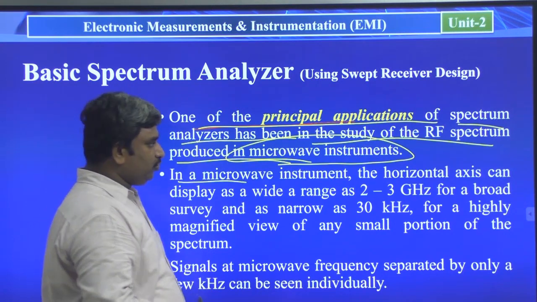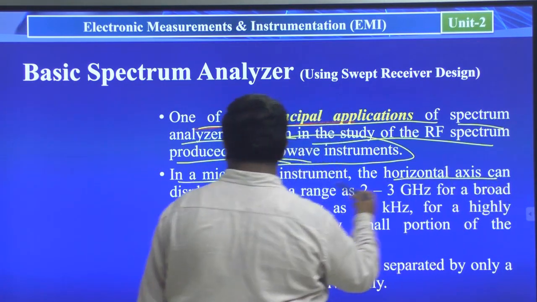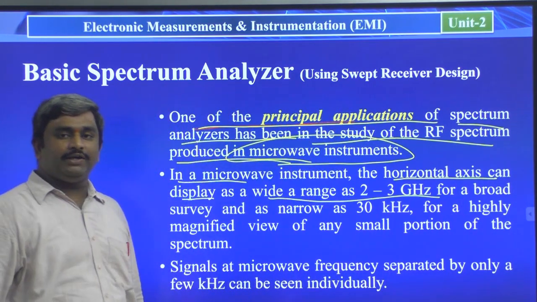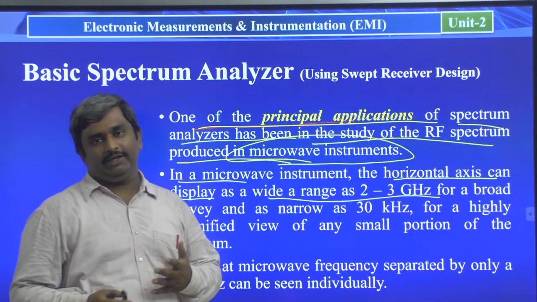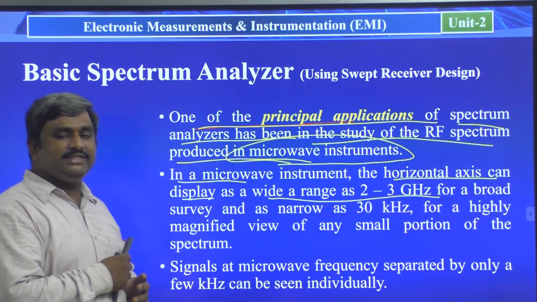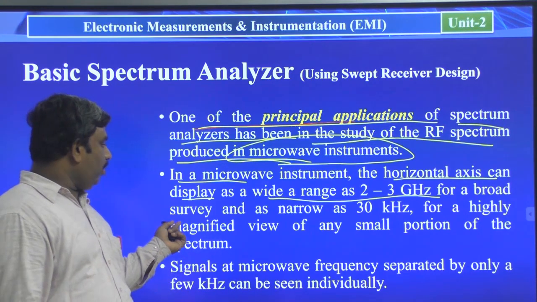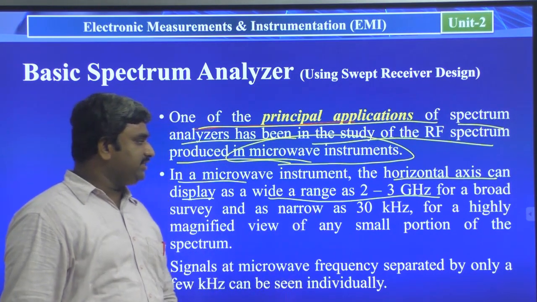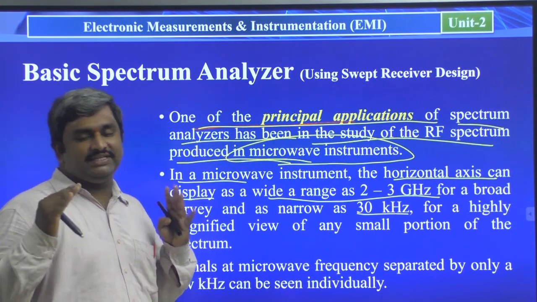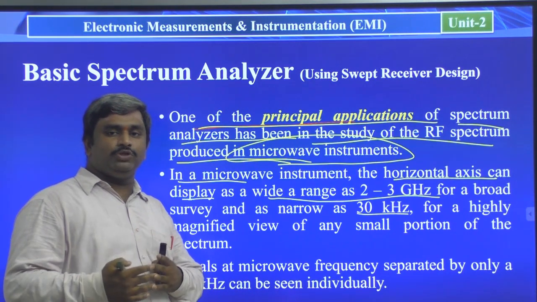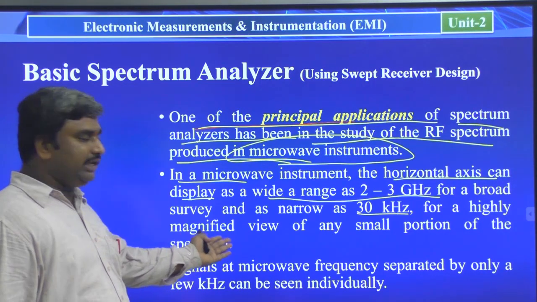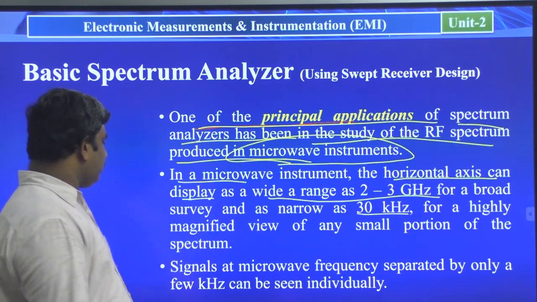In microwave instruments, the horizontal axis can display a wide range of 2 to 3 gigahertz. The spectrum analyzer used for microwave applications will display signals up to nearly 3 gigahertz for a broad survey, and as narrow as 30 kilohertz for a highly magnified view of any small portion of the spectrum.